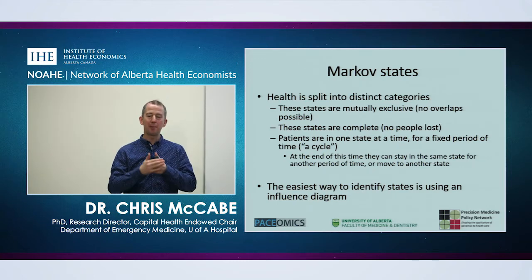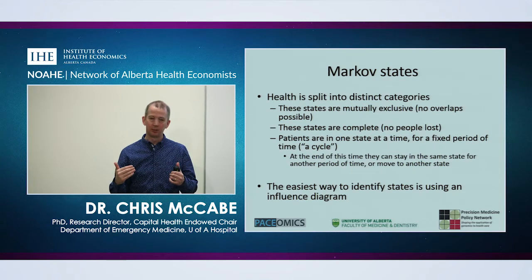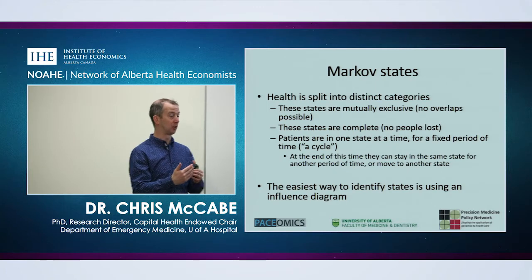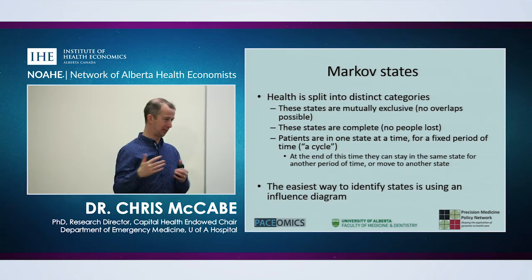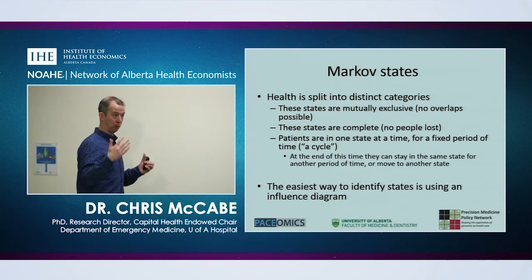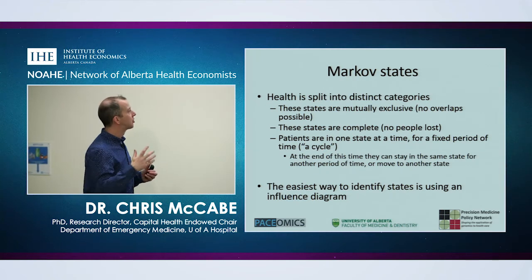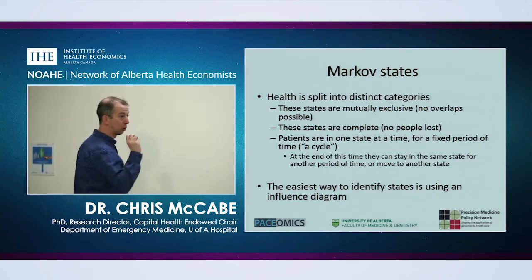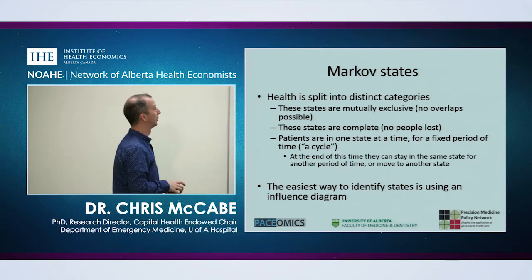So you may be in exactly the same health state, but your clinician may choose to change how they're treating you because they think another technology is better, safer, cheaper, whatever. So those two things together are what should determine your choice of cycle length, okay?